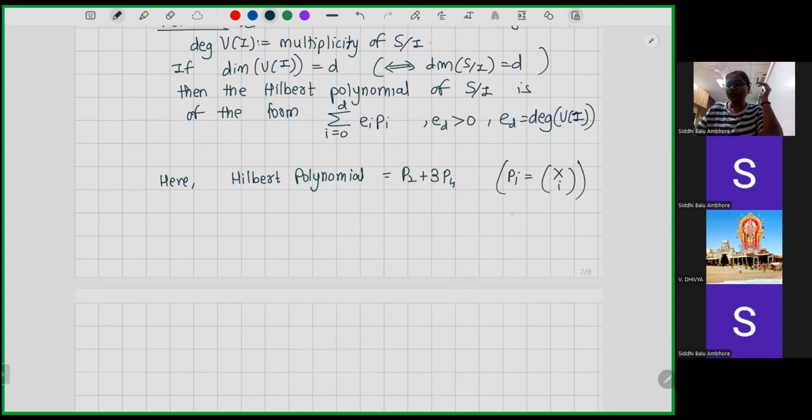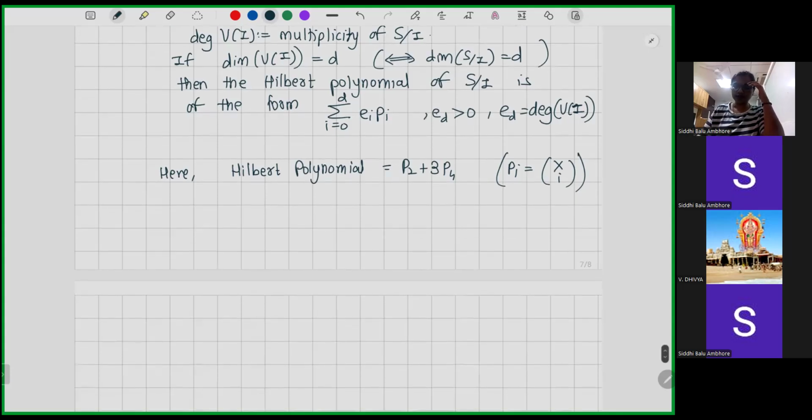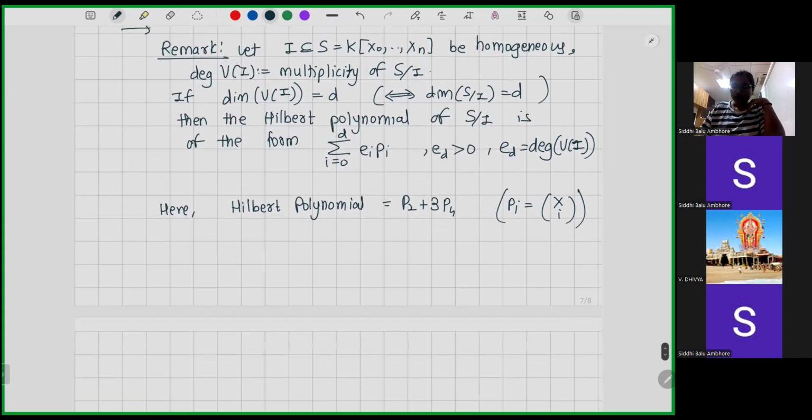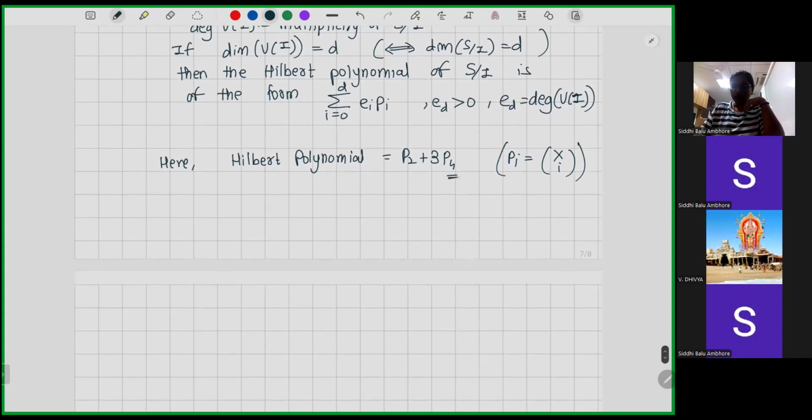So it is a polynomial defined like this, with the formula x minus 1, x minus 2 and so on. I hope you remember what that formula is. So we have to find this P2 plus 3P4. So this d here goes till 4.